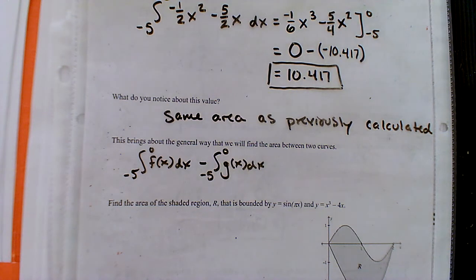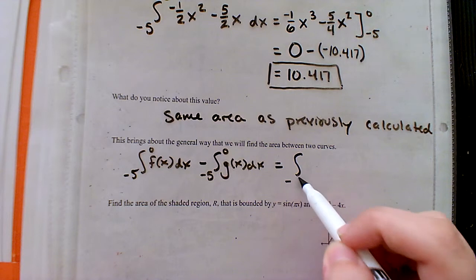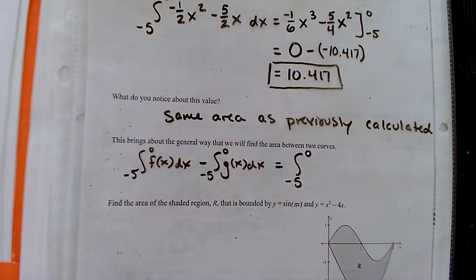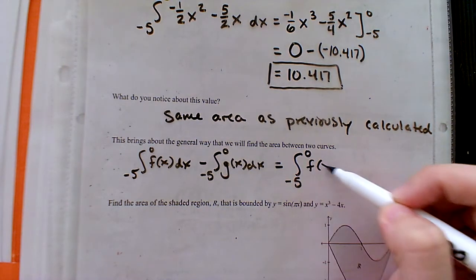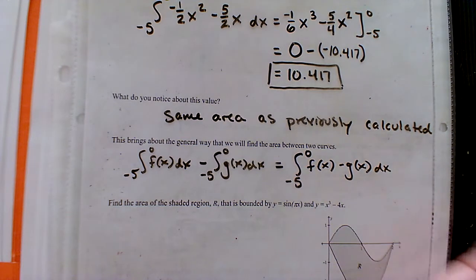So we could find the areas individually and subtract, but we found that's exactly the same as simply doing 1 integral of f of x minus g of x.